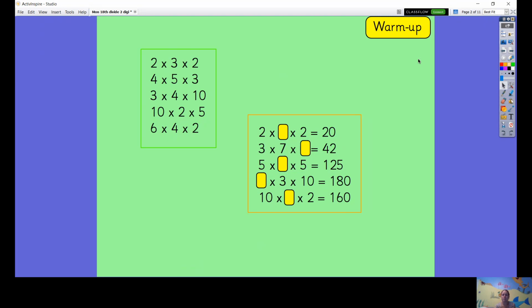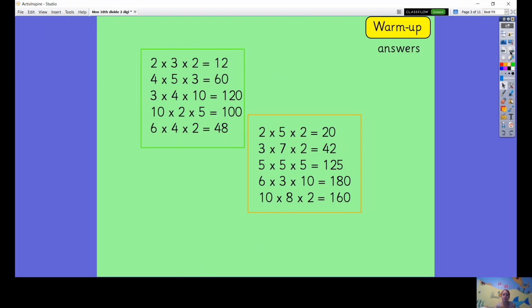Okay, so let's have a look at the answers. I'm not going to go through all of these today because I don't want to make the lesson too long for you. But if we just have a look at the second one here, so we can make sure we know what we're doing. I've already talked about the first one. So here we would have done 4 times 5, which was 20, and then 20 times 3, which was 60.